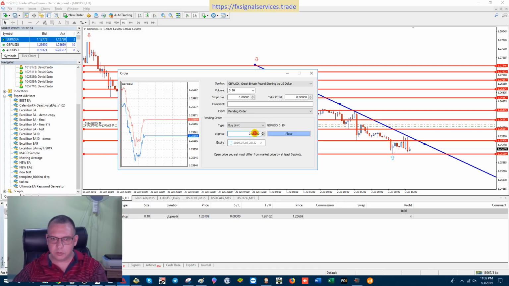This next one, make sure I hit select buy stop. It's going to be 1.26 300. Try to make this easy, right? And the take profit 1.26 350.